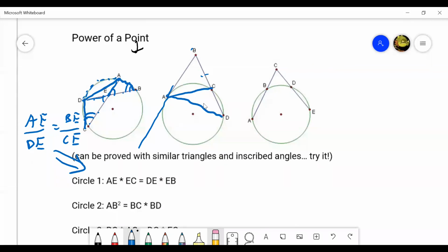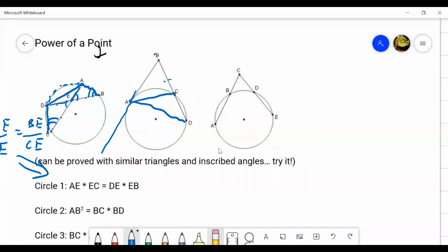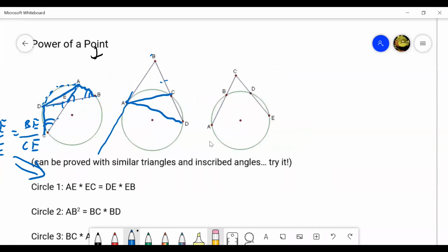So if we connect AC and AD, we claim that triangle ABC is similar to triangle DBA. The reason is that, for one, angle B is shared by both triangles, meaning it's the same in both.